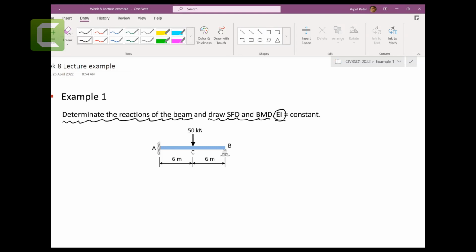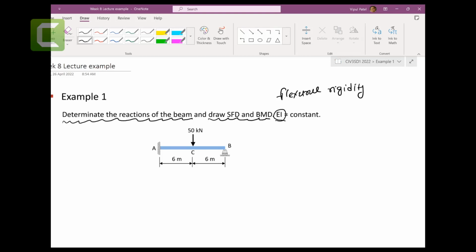The flexural rigidity EI is equal to constant. Let me put my solution up here. All right, so step number 1.